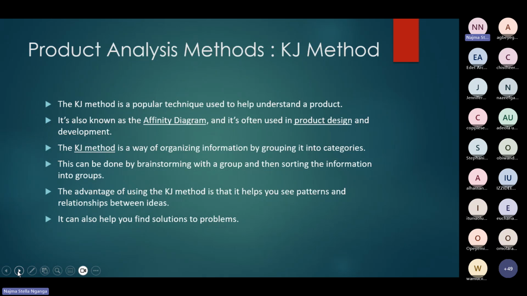So basically the KJ method, like right now as a class, we all sit down and we decide we are going to create a product. Once we decide, everyone comes with different ideas. We look at what problems we want to solve, what kind of products we want to sell, who our competitors are, all that.